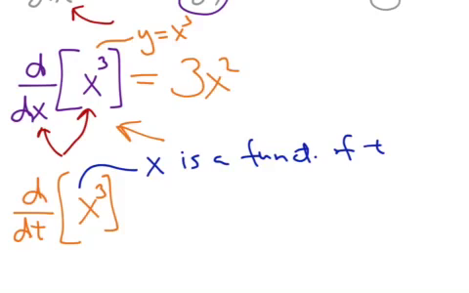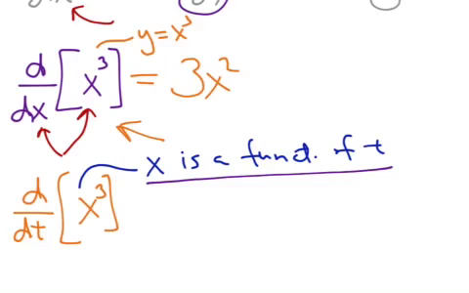But since I don't know that, I still have to account for it indirectly, even though I don't have the direct information of what that change is. And so what we do, since x is a function of t, is think in terms of the chain rule. My outer function is cubing something. My inner function is x of t.